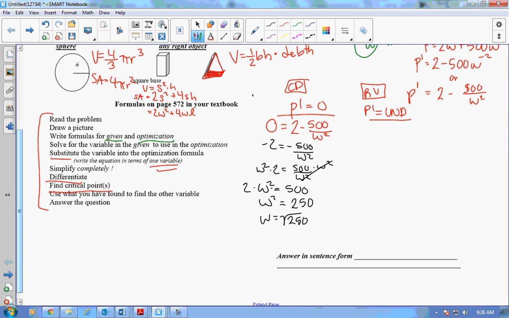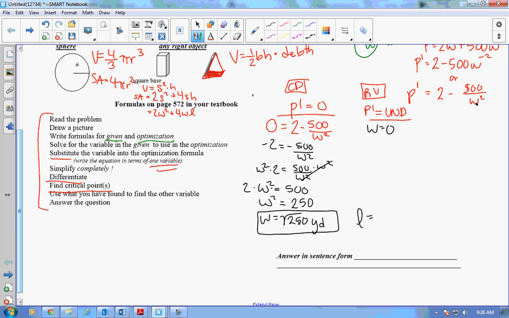Okay, restricted values. Any restricted values that we're going to have an issue with? When is P prime undefined? We have a denominator here. So when W equals 0. Okay, so if we know the width in yards, we need dimensions. Let's find the length. How do we find the length?